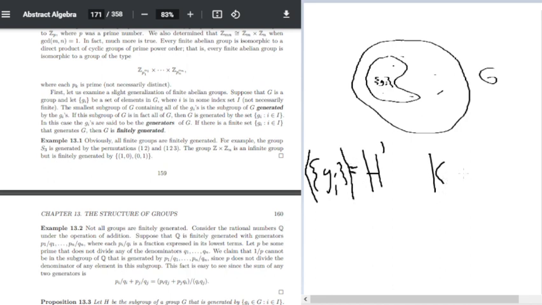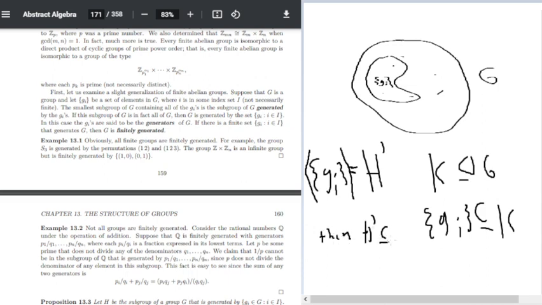So we say that if K is a subgroup of G, and the G sub i's are a subset of K, then H prime is a subset of K. So basically, it's the subgroup such that every subgroup that contains the G sub i's also contains that subgroup. That's the sense in which it's smallest.